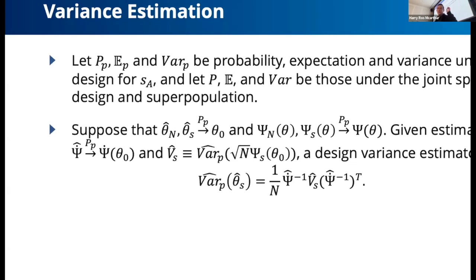Now, if your statistics converge to some value and your estimating equations, which are averages, so we have a law of large numbers, converge to some function, then if we estimate the derivative of the estimating equations and we estimate the variance of the estimating equation, we can do a Taylor series argument to obtain the variance of our sample statistic under the design.